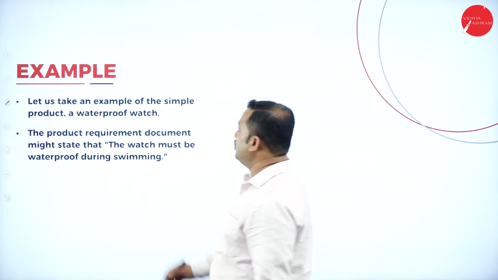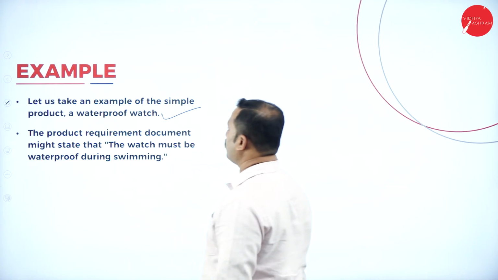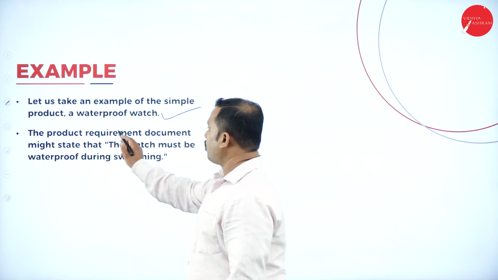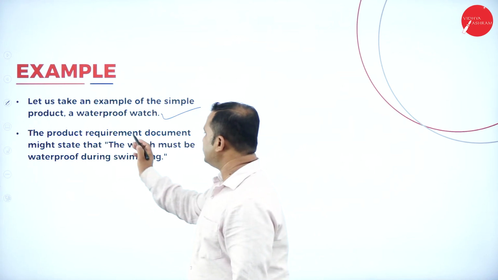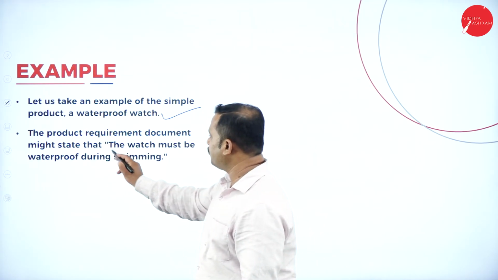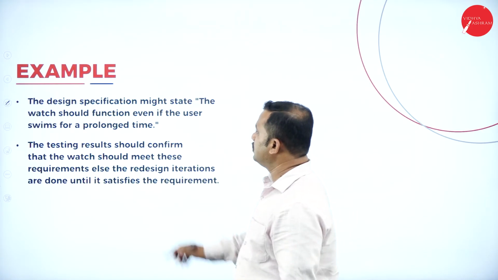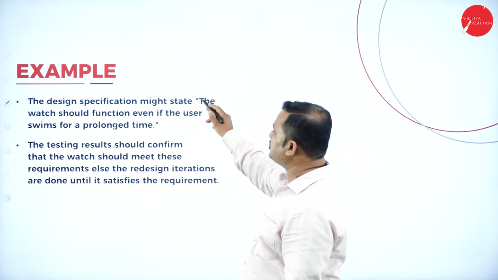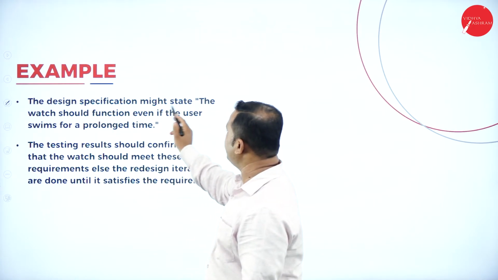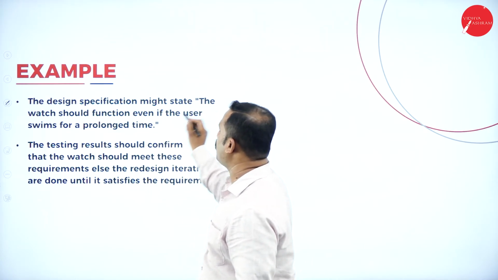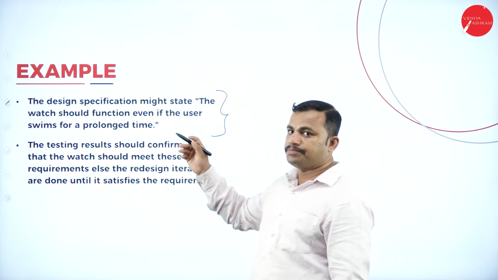Let us take an example of a simple product, a waterproof watch. The product requirement document might state that the watch must be waterproof during swimming. That means a water resistant watch. The design specification might state that the watch should function even if the user swims for a prolonged time, that means for a longer period of time.